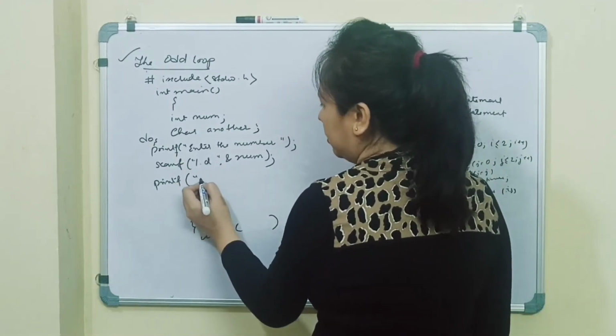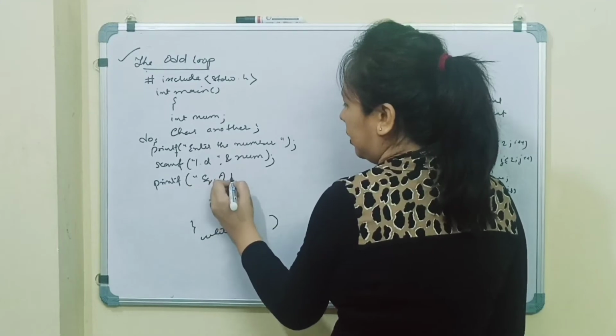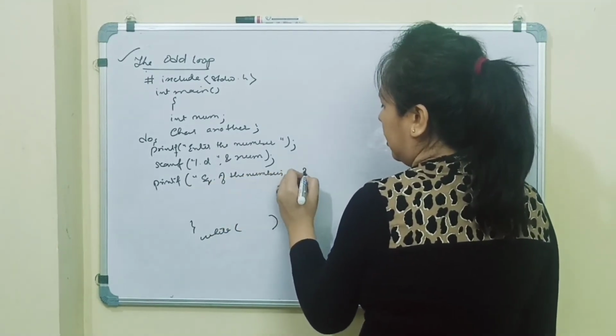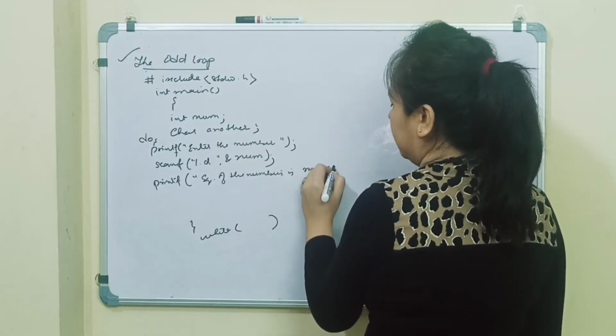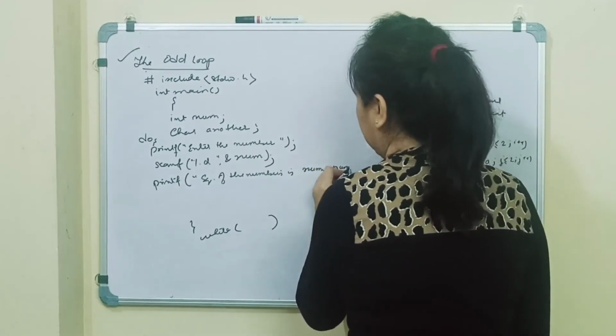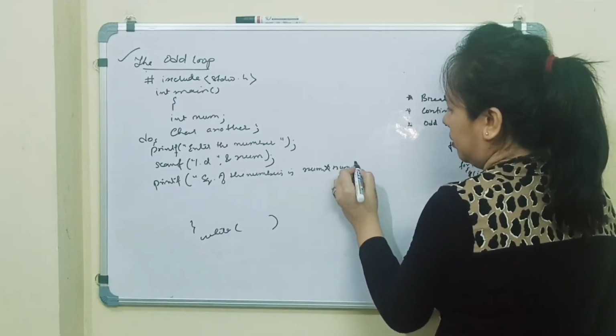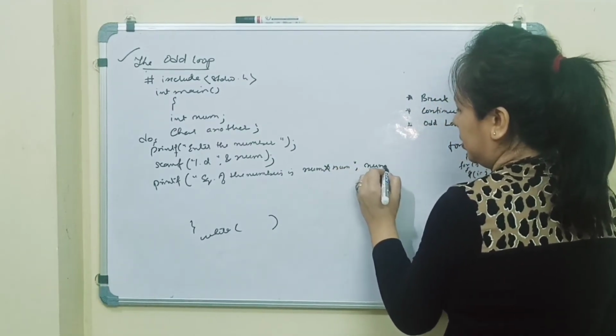We will find the square of the number, which is num into num, and we will store it over here.